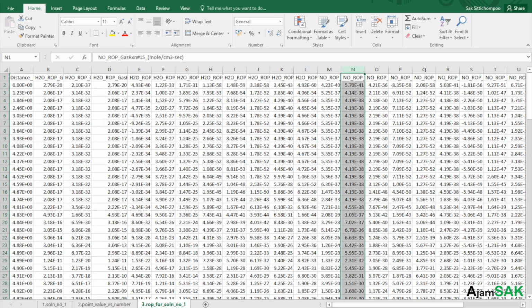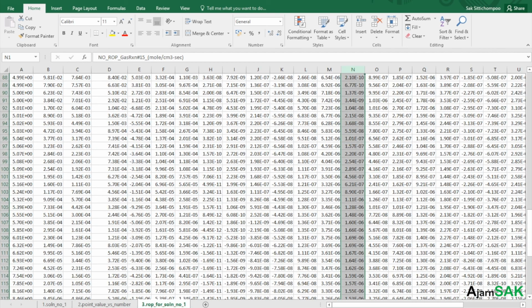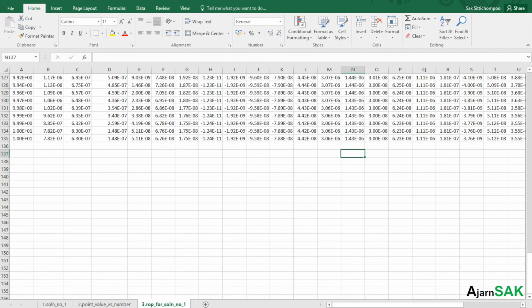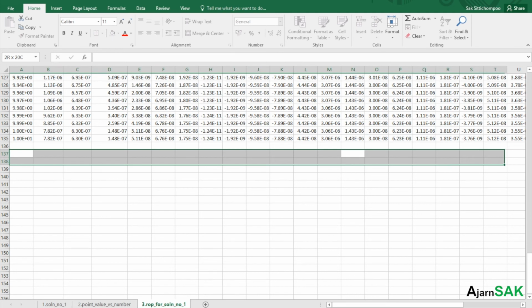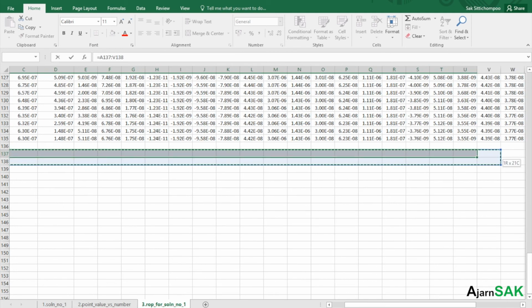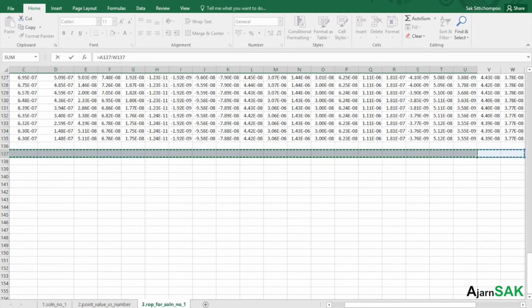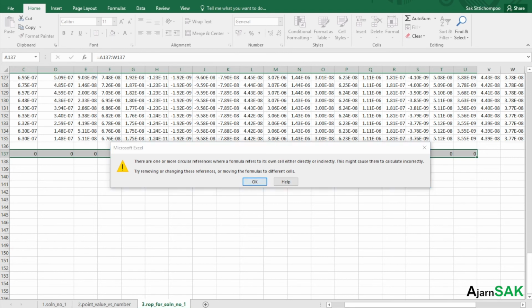So when I take a look there, you see, you can do this for all the columns and see which reactions are important for which. I'm just giving you some ideas what you can do with this.